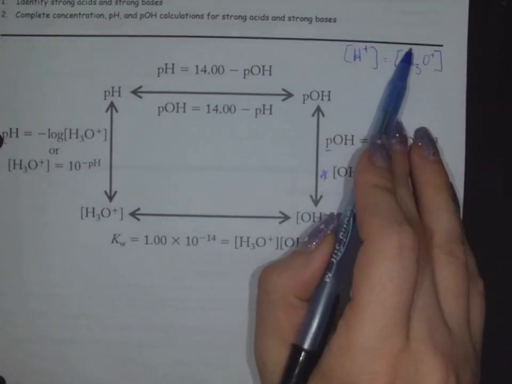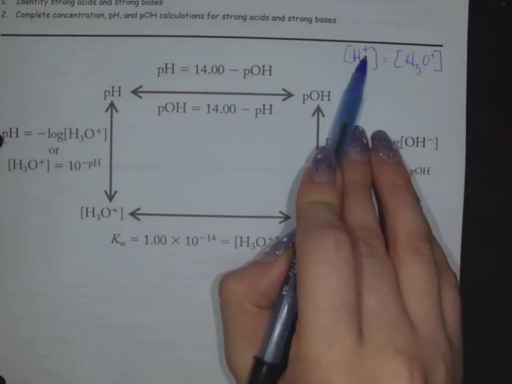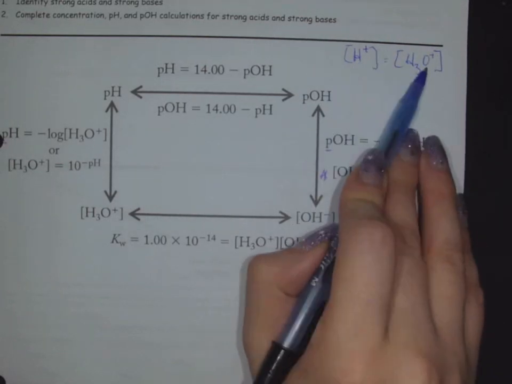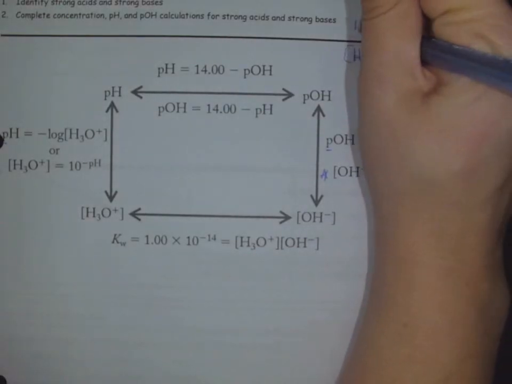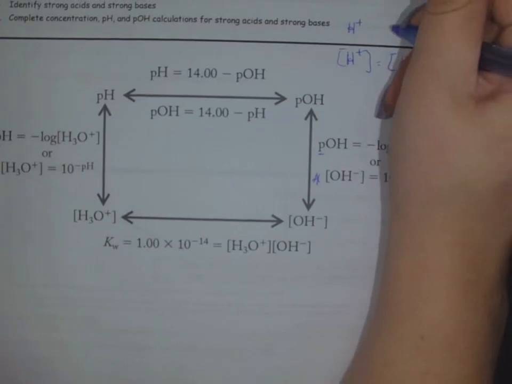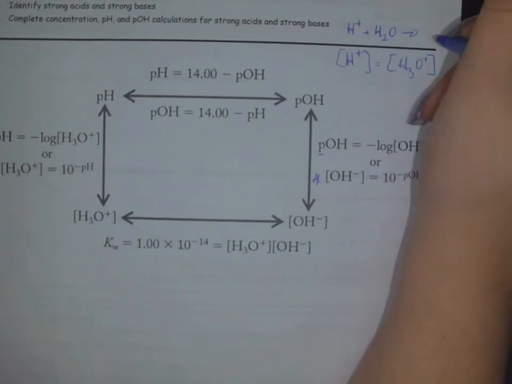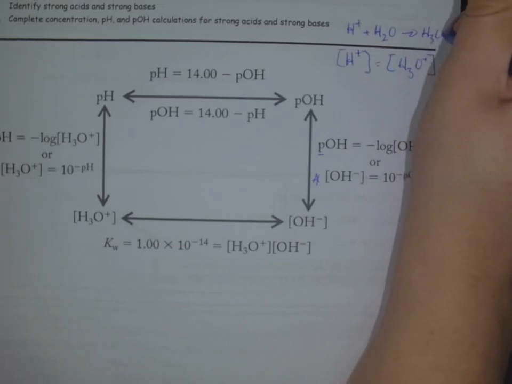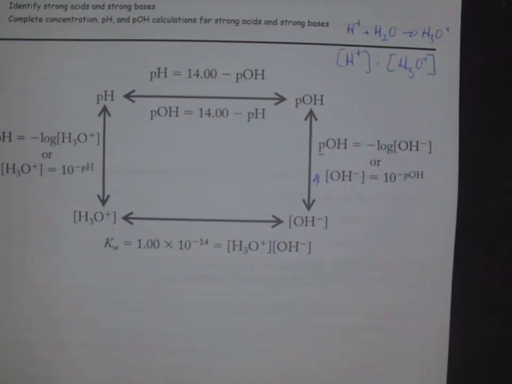If an equation says H3O+, you can change it to H+, and if an equation says just H+, you can change it to H3O+. The reason why is if you get H+ in a reaction and there's a solution with water, it's going to react and make this H3O+. And again, the name of this is hydronium, H3O+.